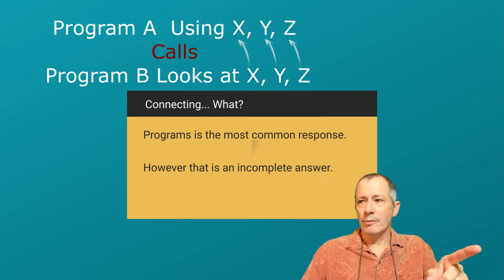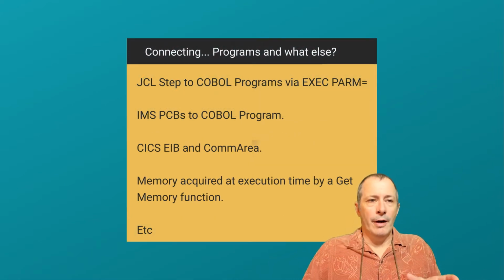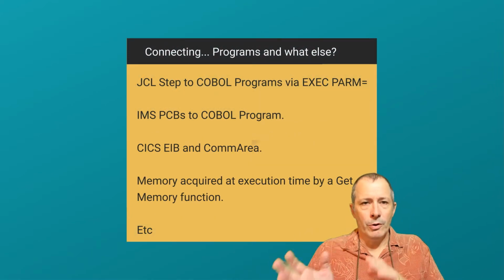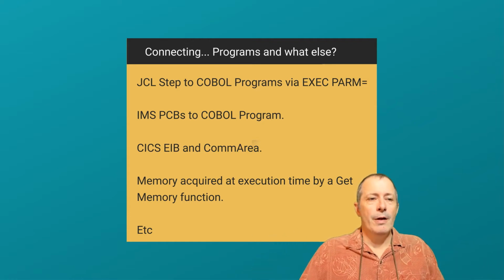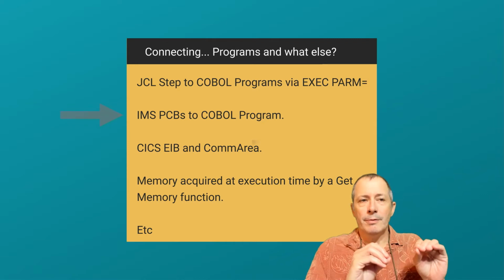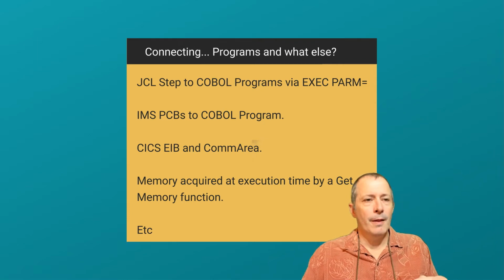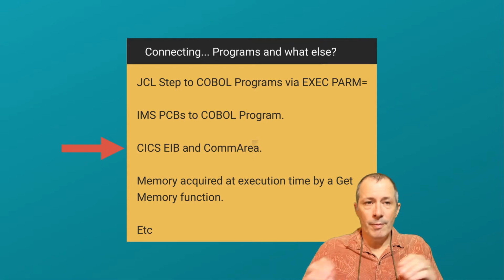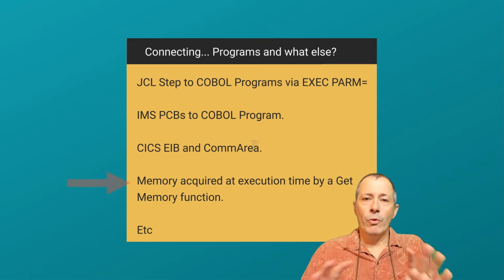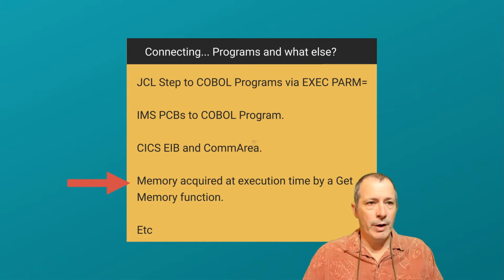However, that is not a complete answer. The linkage section also handles connecting a JCL step to a COBOL program via the EXEC PARM= keyword, IMS connecting to a program via the program communication block or PCB, CICS, the EIB, and the COMMAREA, and memory that is acquired at execution time, which is technically not connecting to programs.